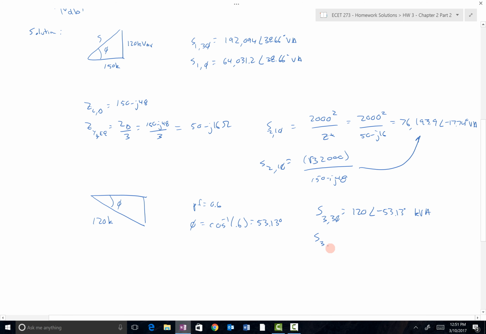Again, S for load 3 on a single phase basis is just 1/3 of that, so 120 divided by 3 is 40 at an angle of negative 53.13 degrees kVA.